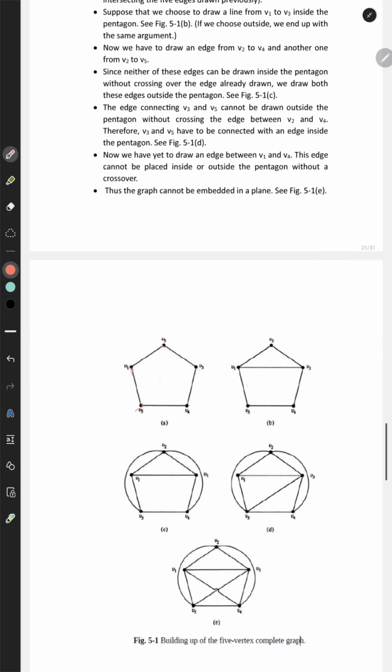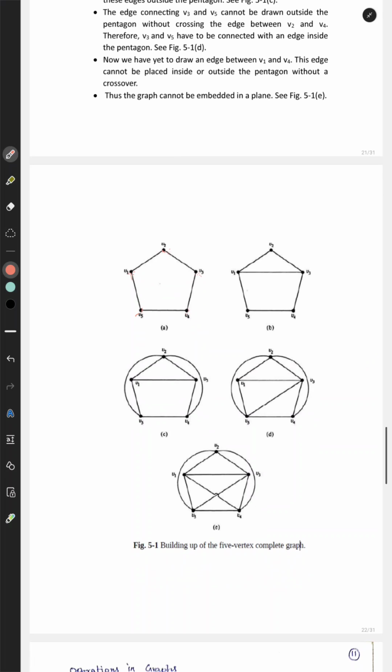Right now we have given the edges v1 v2, v2 v3, v3 v4, v4 v5, v5 v1 only. Every pair of these 5 vertices is adjacent in the complete graph, so you have to include all such edges, but we are checking whether it is possible to include all these edges without a pair of edges crossing each other in the diagram.